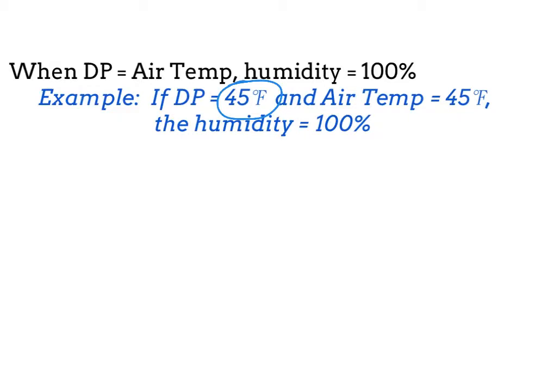And let's say the air temperature is also 45 degrees Fahrenheit. Then that means the humidity outside is going to be 100% and it's going to feel really sticky. So one of the things that I always look at when I'm getting ready for the day is to see what the dew point temperature is. Because if the dew point is really close to the air temperature, I know it's going to be sticky outside. And I just want to make sure that I'm prepared for that.